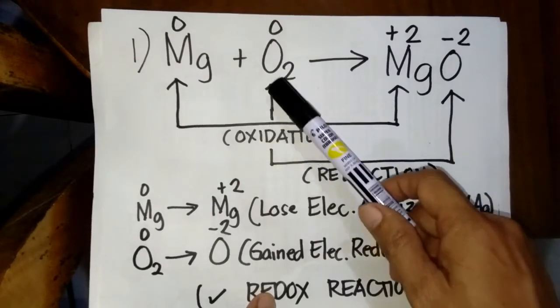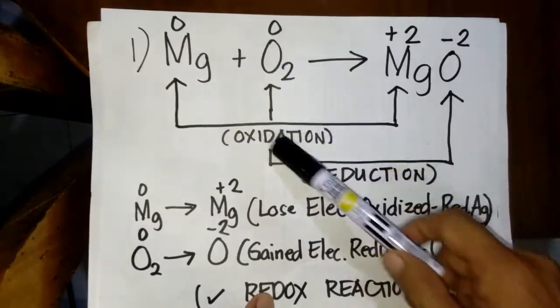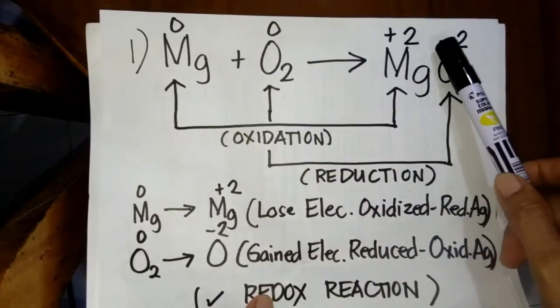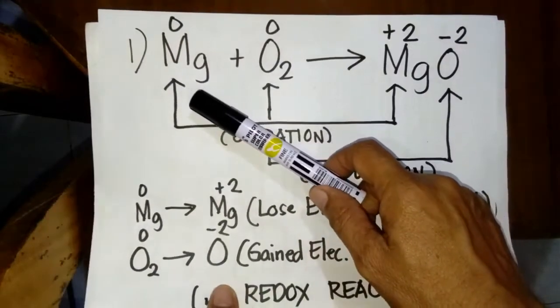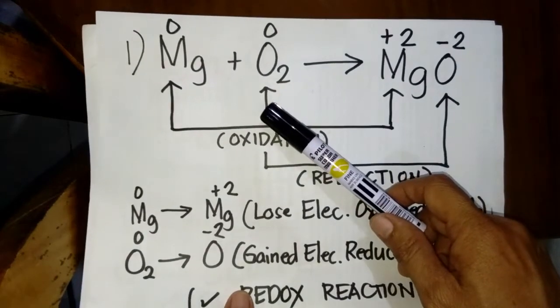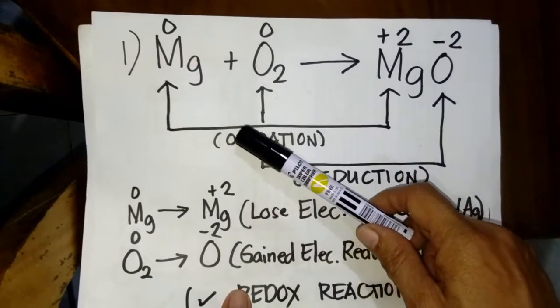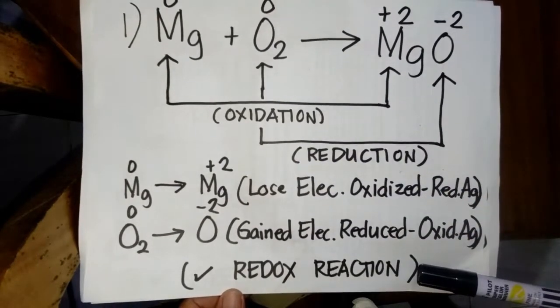Also, oxygen in the reactant side goes from 0 to negative 2. So the reactants on the left side, magnesium and oxygen, have changes in their oxidation number. Therefore, this is a redox reaction.